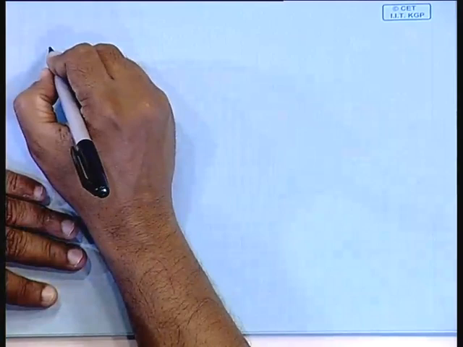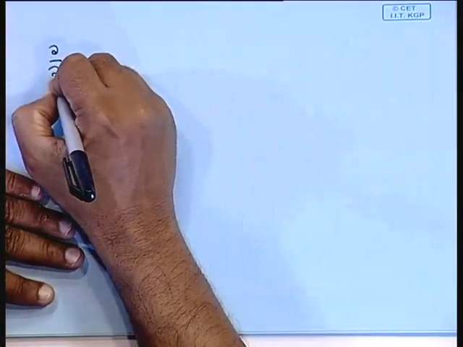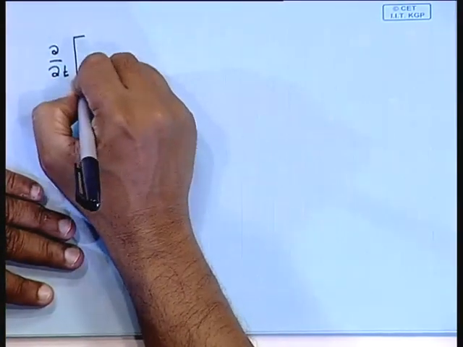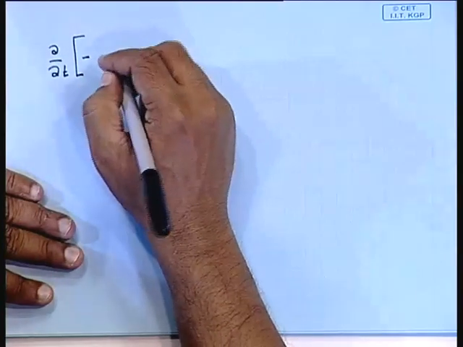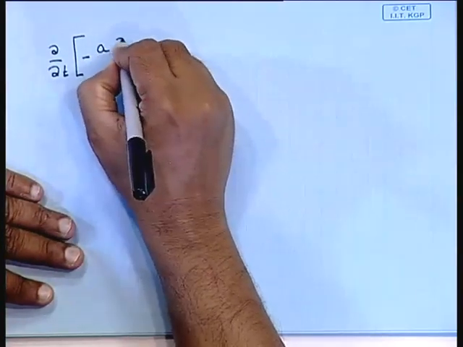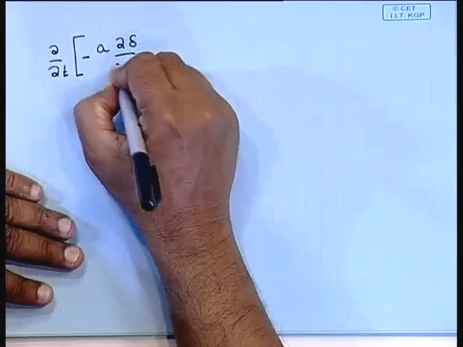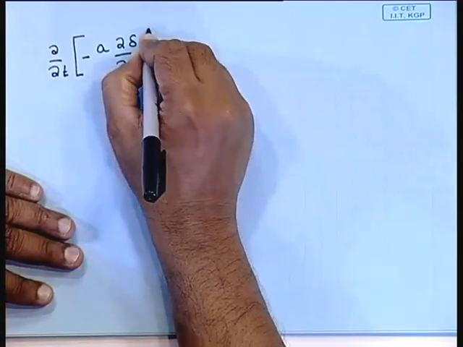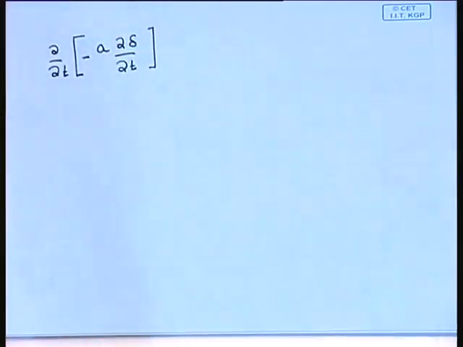So the first term gives us del by del t minus A into, that is the first term.